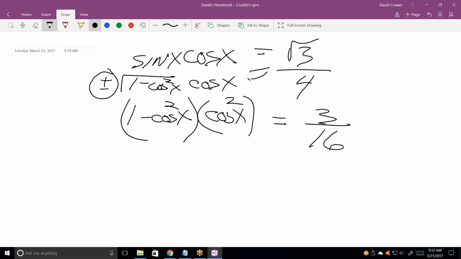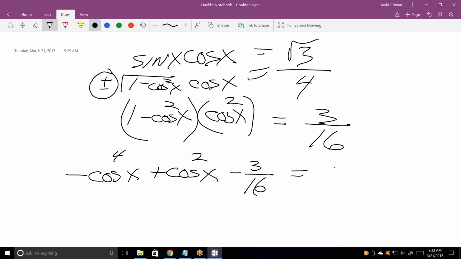I'm going to write the first one over here, minus cosine to the 4th x plus cosine squared x minus 3/16 equals 0. Now I'm going to divide everything by -1.